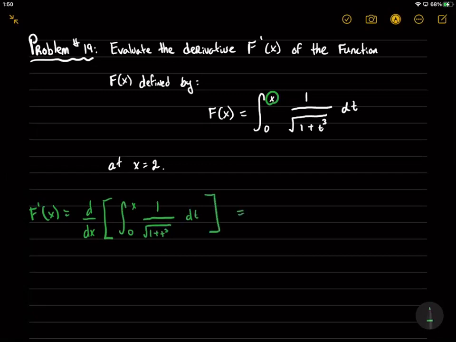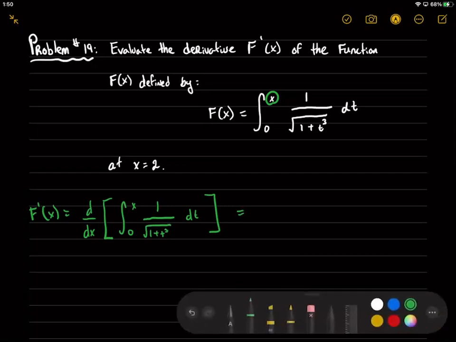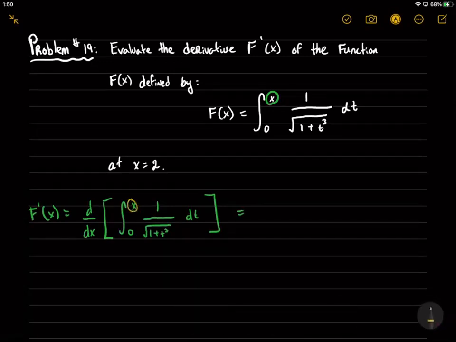Informally, the derivative gets rid of the integral, and you're replacing wherever you see the t with an x, right? So the x replaces the t here. So what you're going to get is 1 over the square root of 1 plus x cubed. So that is your derivative, f prime of x. It's 1 over, again, square root of 1 plus x cubed.